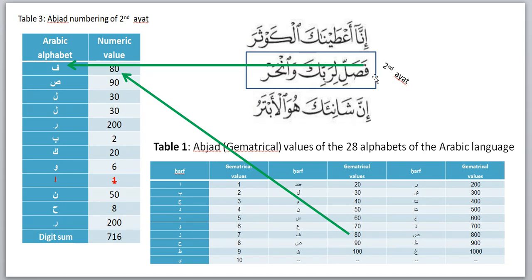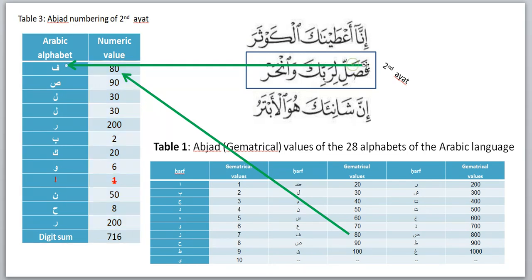Again, in the second ayat, we see fasolli li rabbika wanhar. Fa is the Arabic harf which has numerical value 80. Therefore, 80 is placed here. And likewise, other harfs are also placed here, and the representative Abjad values are shown here.